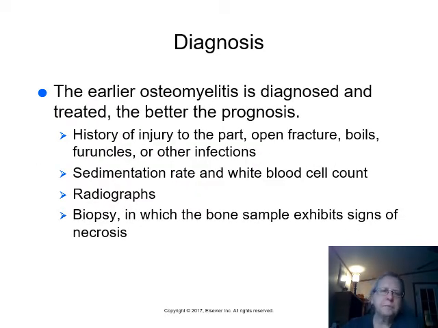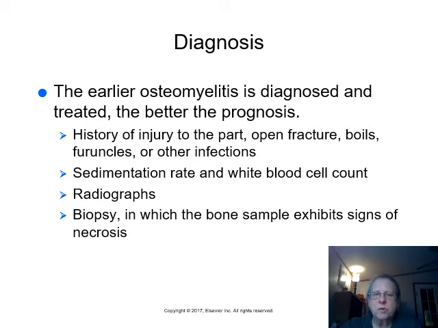Diagnosis. The earlier osteomyelitis is diagnosed, the better. We're going to look at the history of the injury and see: was it an open fracture, did they have boils or furuncles or other infections on the skin? We're going to look at the sedimentation rate and white blood cell count.